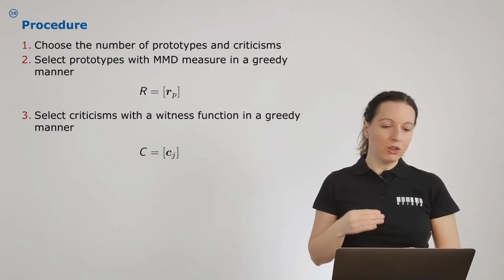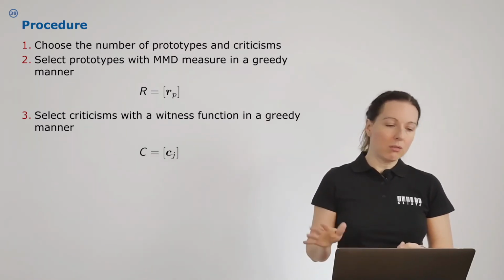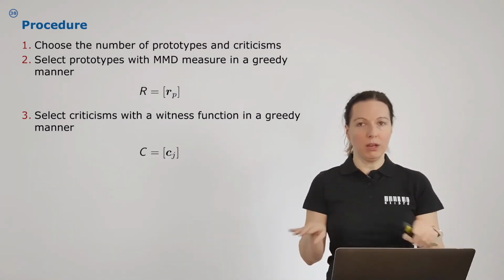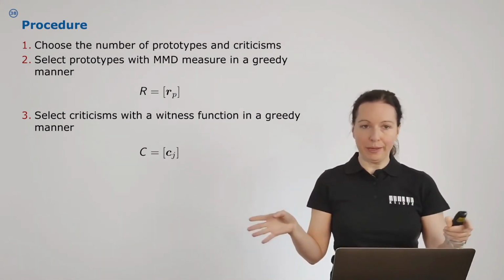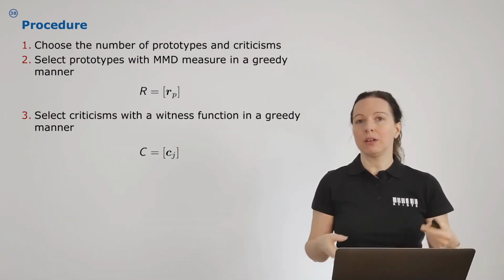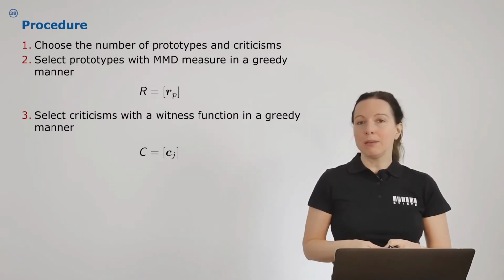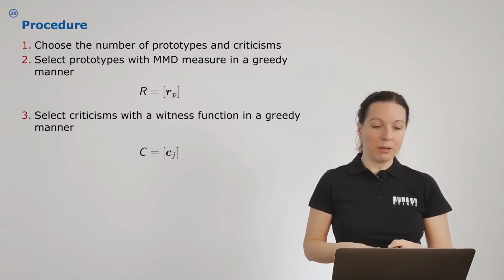First of all, you choose the number of prototypes and criticisms. A good procedure is to start with a low value, not too many. If you see they're not enough, you can still increase it. Then you select the prototypes with the MMD measure in a greedy manner.